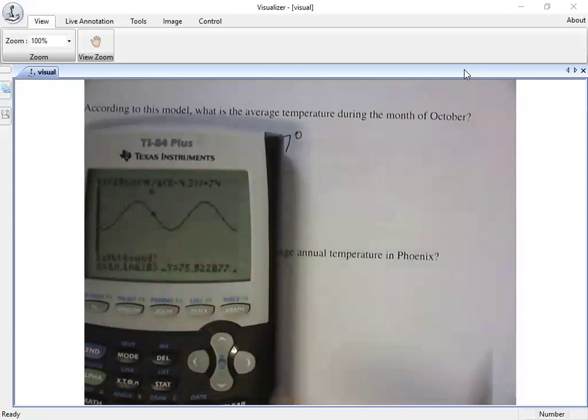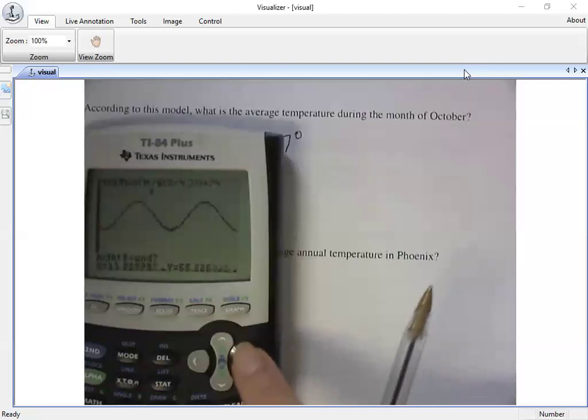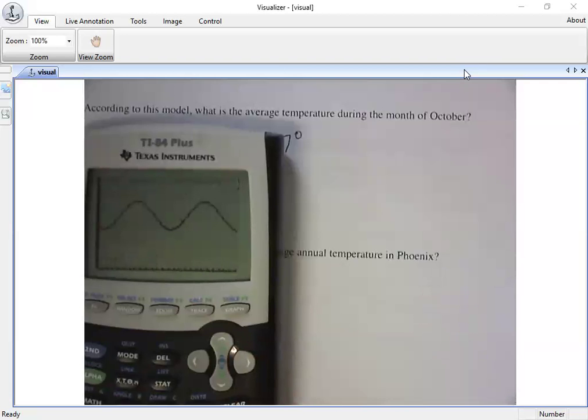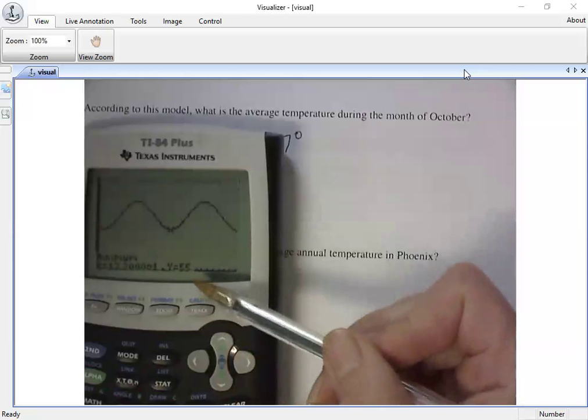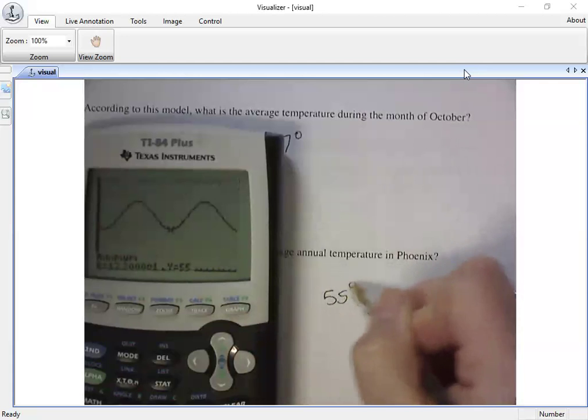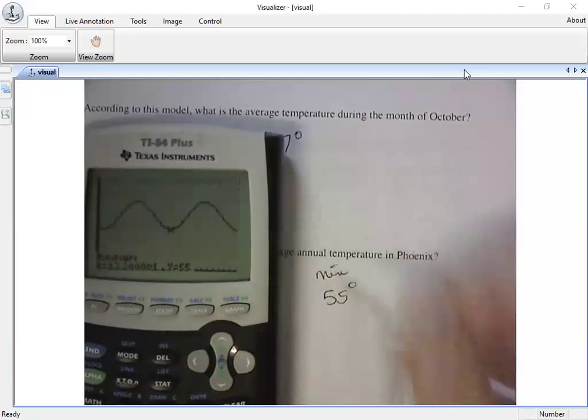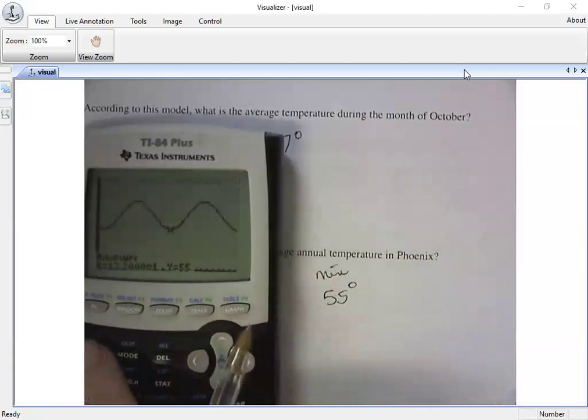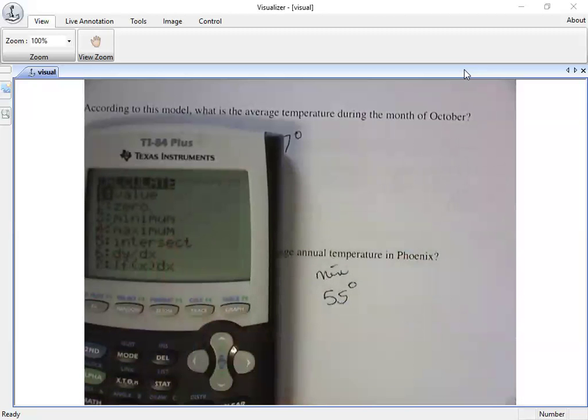So if I hit enter, now I can arrow to the right of that point, anywhere on the right side, hit enter, and if I hit enter a third time, that's got a minimum of what? 55 degrees. Did you notice that if we go back to second trace, there was a place that would let me find the maximum?